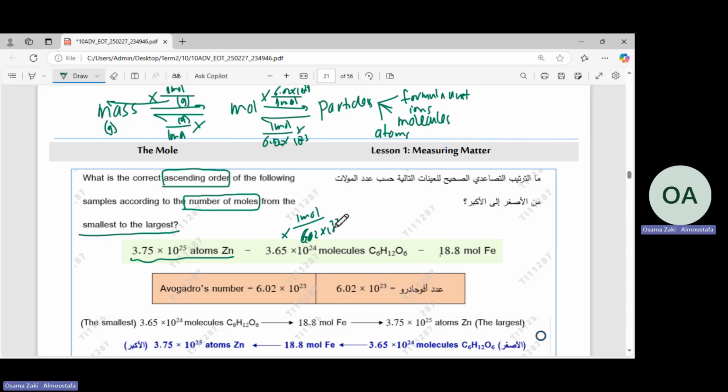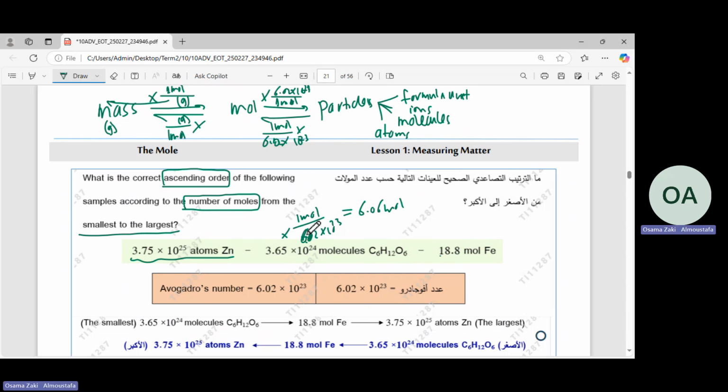Okay, so the answer, just a moment, here times 10 to the power 24. So the answer is 6.06, so it equals 6.06 mole. By the way, how to find it? Using the calculator.